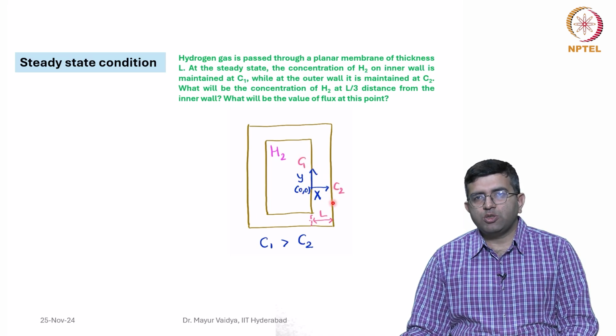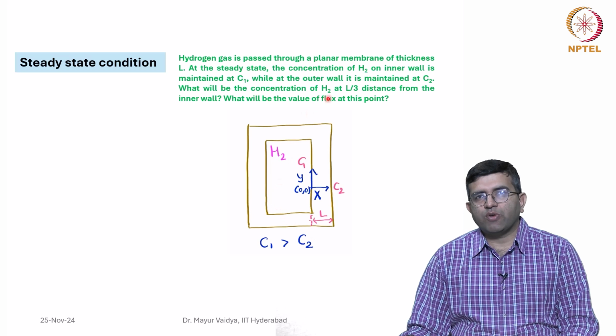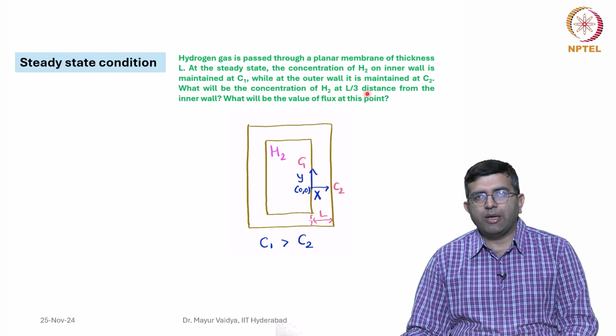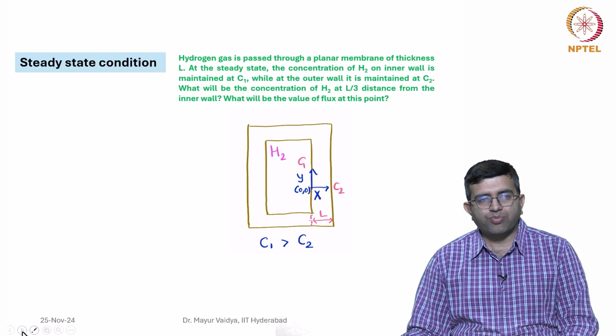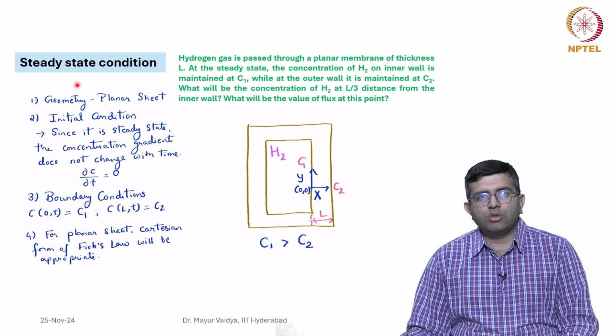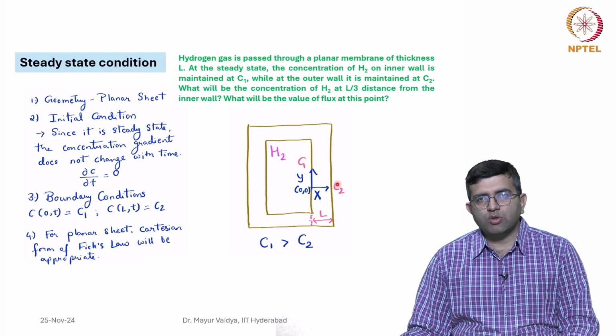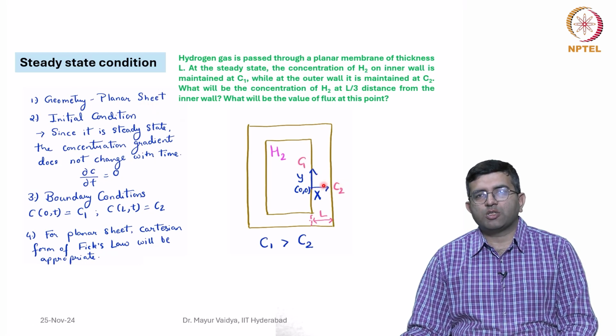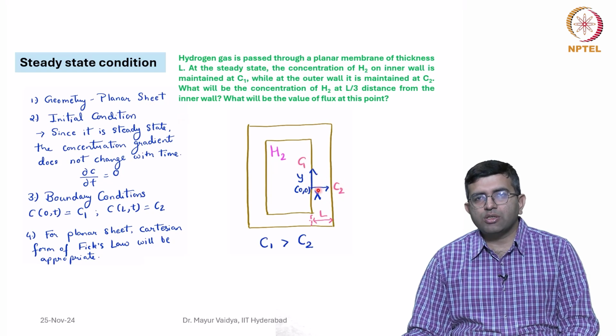So C1 and C2 are not changing, and C1 is greater than C2. Our intention is to find the concentration of hydrogen at L/3 distance. The geometry is a planar sheet, so we can apply our xy coordinates, and the diffusion is only happening in one direction, so we can assume one-dimensional diffusion.